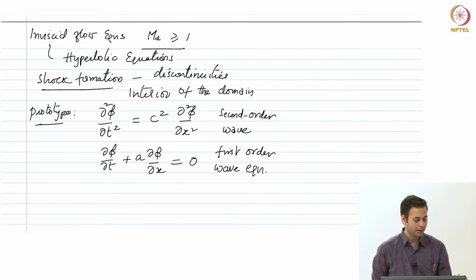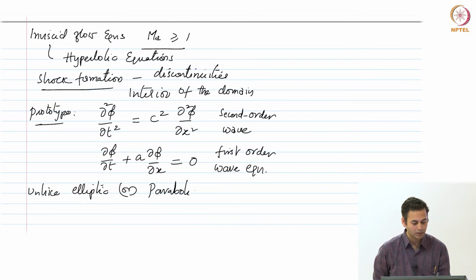So, unlike elliptic or parabolic type of equations, which assume the disturbance to propagate immediately in all the directions, right. We have discussed this in the context of elliptic equations. If there is a discontinuity, if there is a jump in the solution somewhere in the domain, that is going to propagate through the entire domain, right, in all directions. We said in the context of elliptic equations, so this is true.